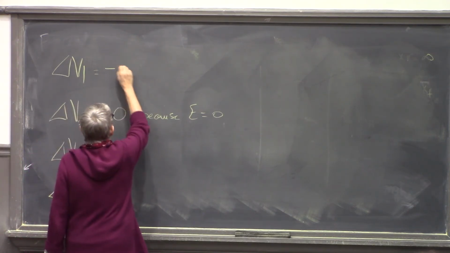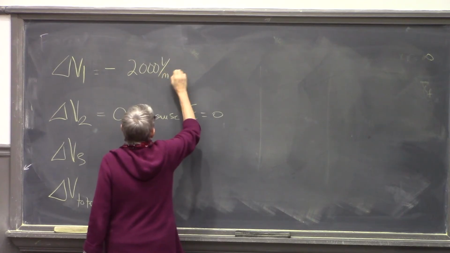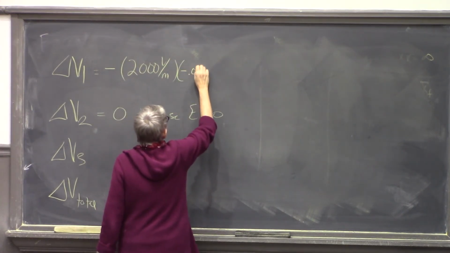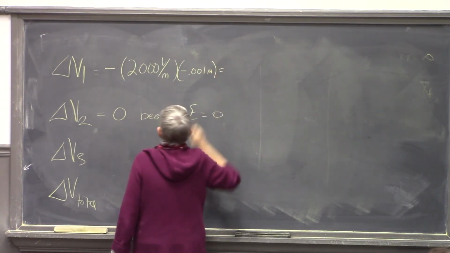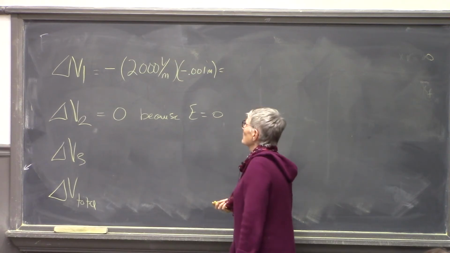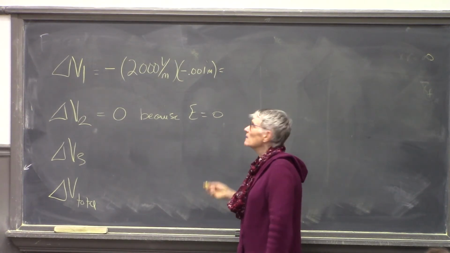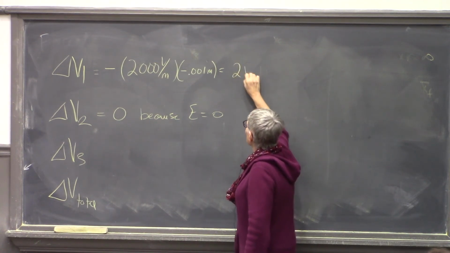Okay, so we have a minus 2,000 volts per meter times a negative 1 millimeter, right? Which gives us 2 volts.